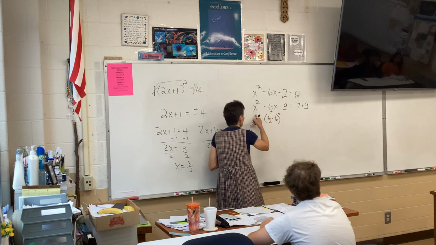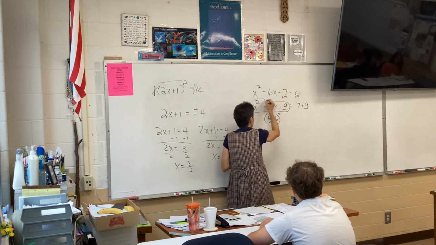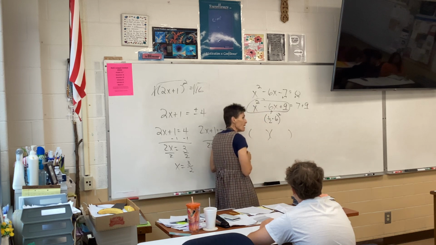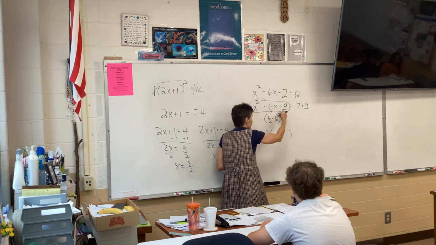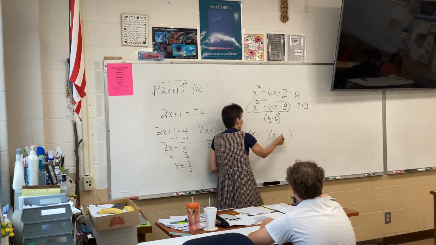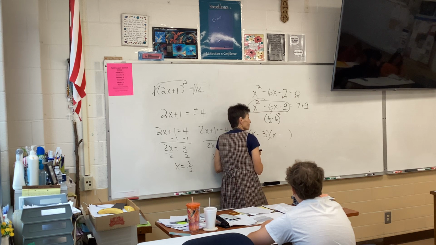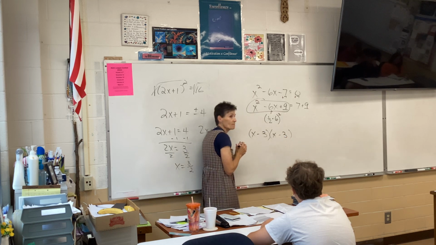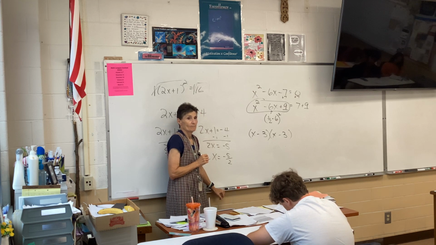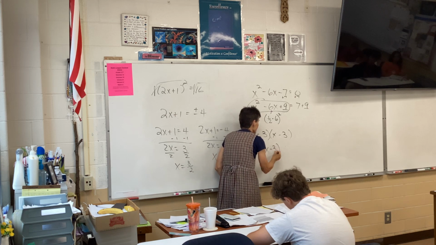Well, if I said to you, factor this, can you do that? How would that factor right there? Wouldn't it be x minus 3, x minus 3? Which can be written x minus 3 squared.